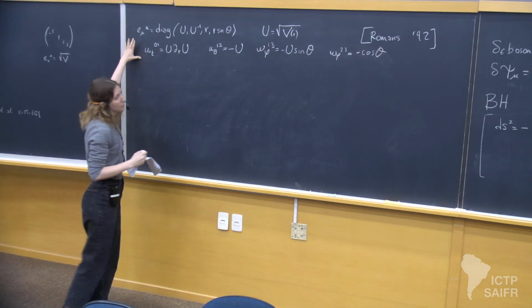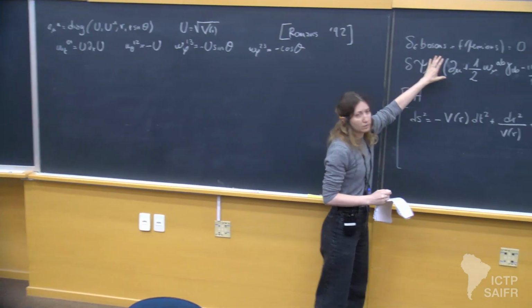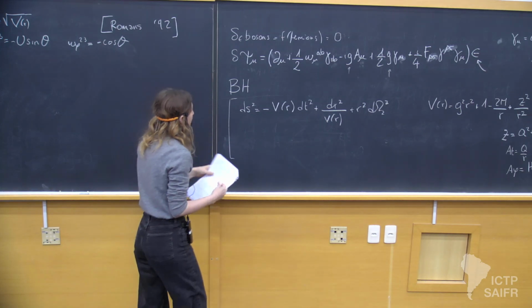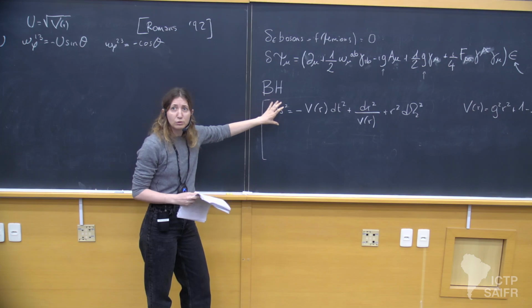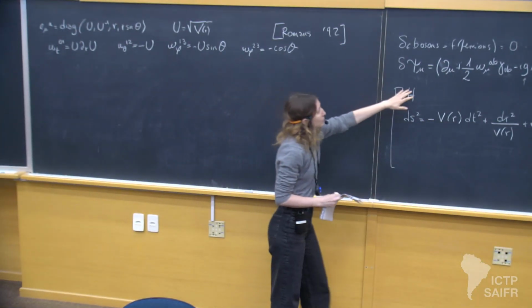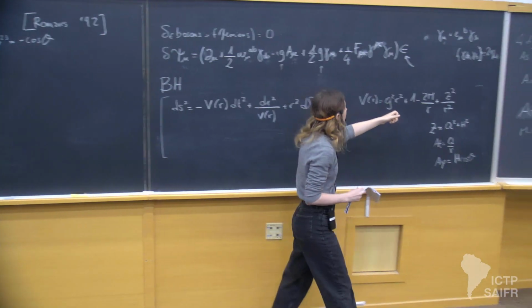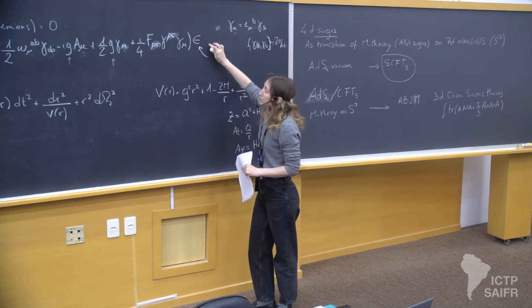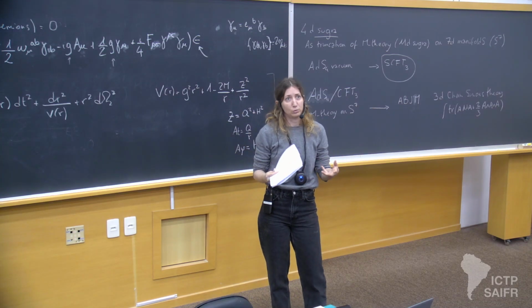These are just the things that we need to input. It may have been a bit of long machinery, but we know that this solution solves the Einstein equations. We're going to plug this solution in with these choices of vielbein, put it inside this equation, and see for which parameters you manage to solve this equation and make it equal to 0. In this way, it means that your solution will preserve some supersymmetry.